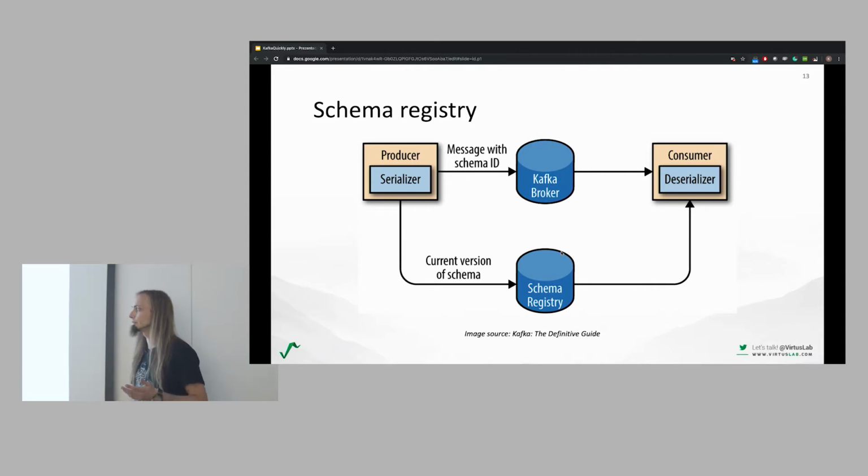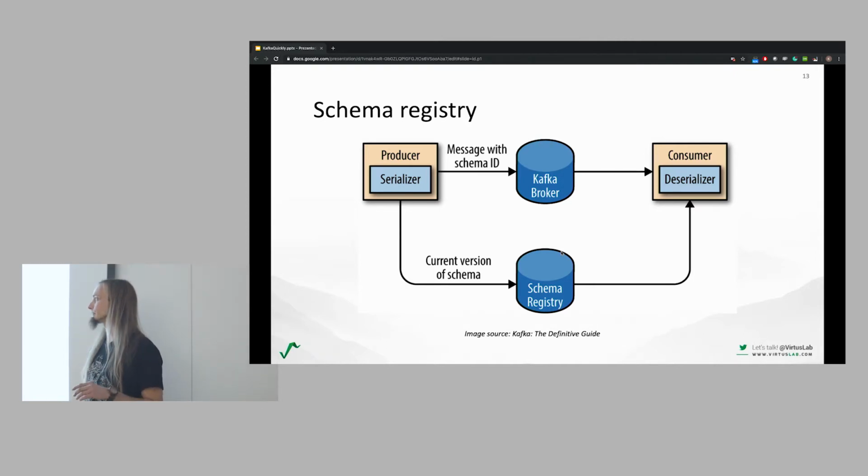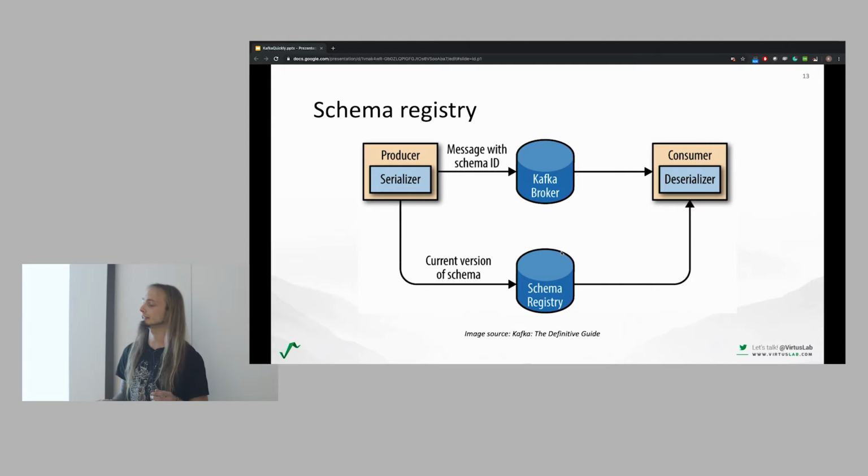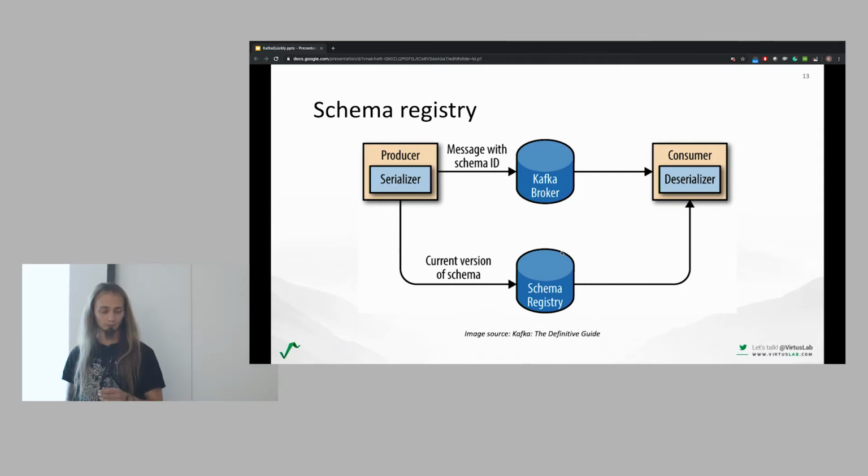Of course, we need to think about the forward and backward compatibility, but still, having a schema registry, it is possible for consumers to read the current version schema and read the appropriate version when it comes to reading messages, because the schema ID is tied to the message metadata as well.